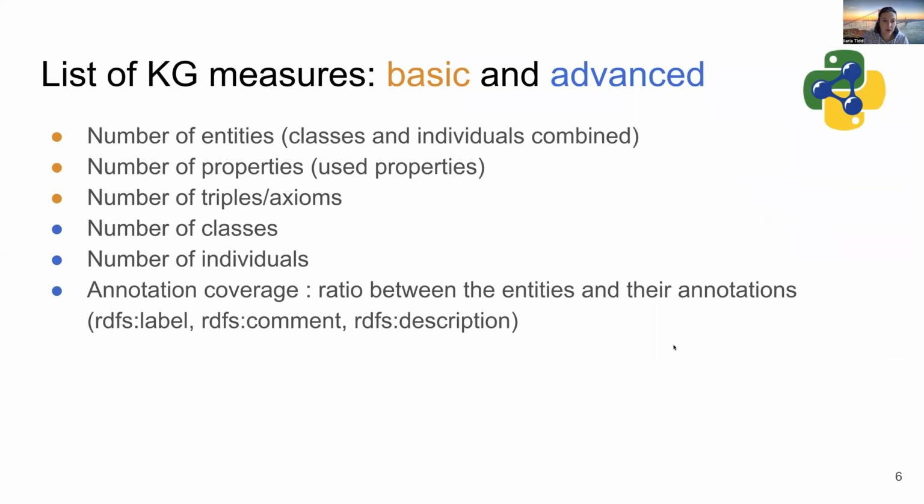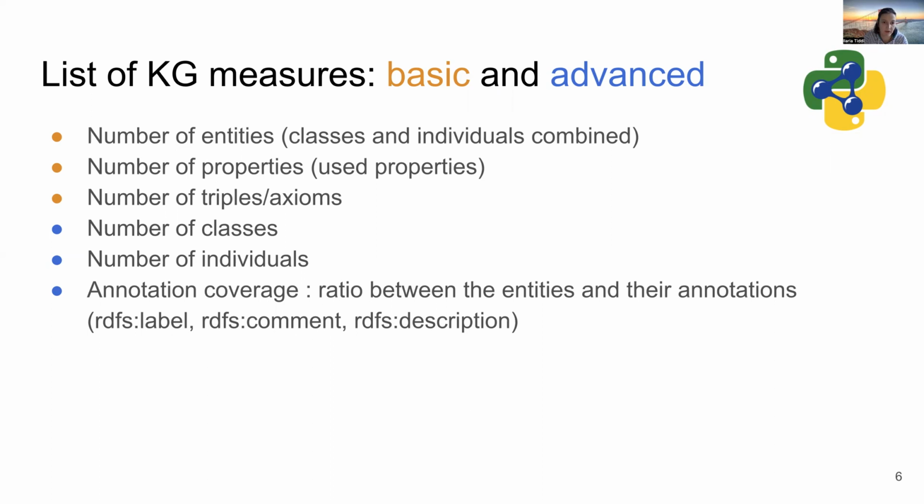In terms of knowledge graph measures, so these are measures that are specific to a knowledge graph and not any graph, there is a number of measures that you might be interested in assessing. We divide them between basic and advanced. You can compute the number of entities. We are talking about classes and individuals combined.